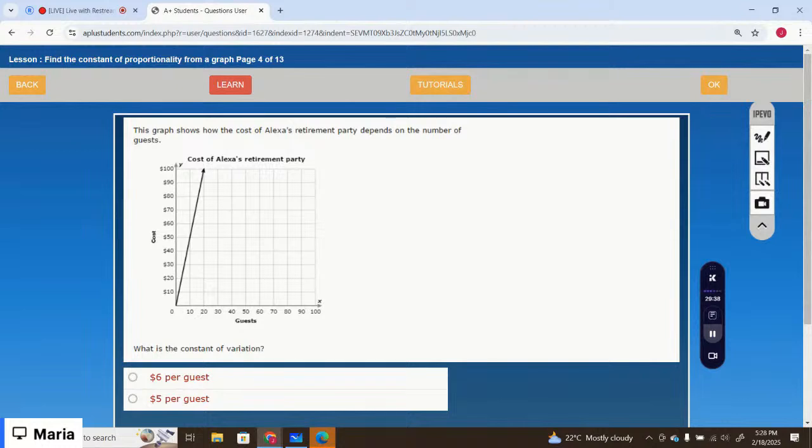This graph shows how the cost of Alexa's retirement party depends on the number of guests.